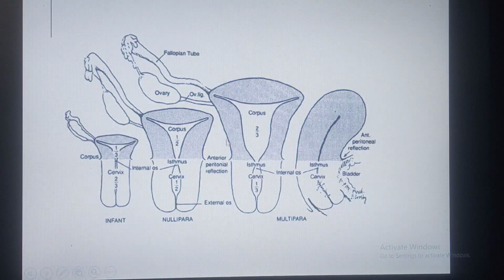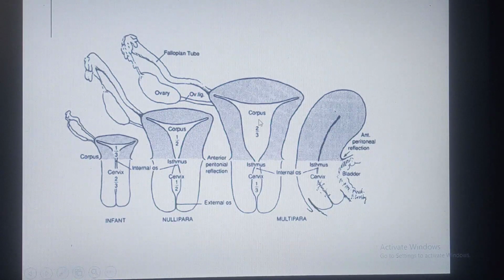Just after puberty there will be a reversal, so that we have more of the body relative to the cervix, because at this point we expect that there should be implantation. If there is implantation, it's the corpus which is going to receive it. So the corpus will be greater, and the ratio will be 2:1 just after puberty.